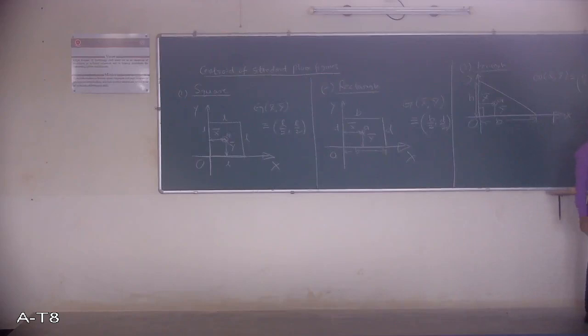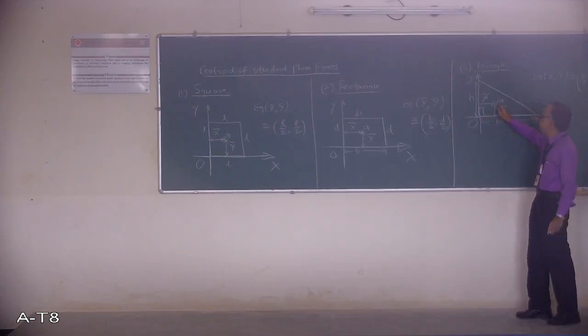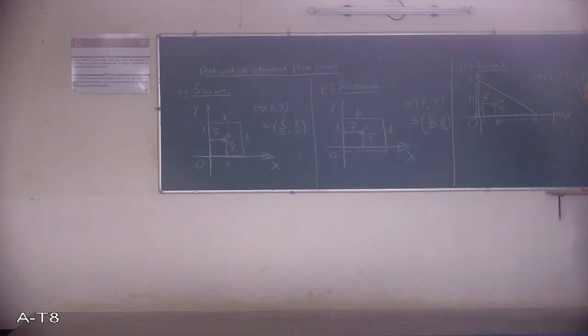What I am mentioning here is a right angle triangle. In the right angle triangle I am taking the base as b and height as h. I am marking the centroid. So x bar comma y bar, I am writing here b by 3 and h by 3.